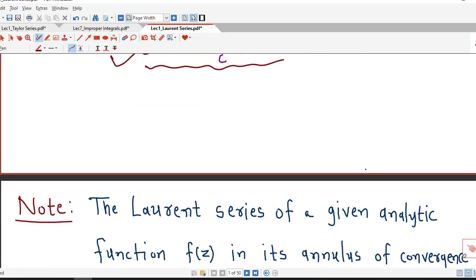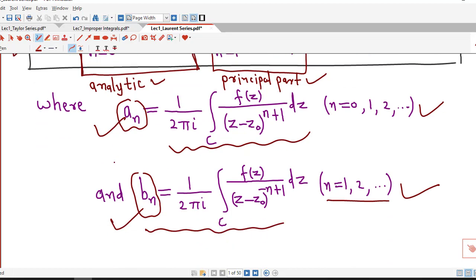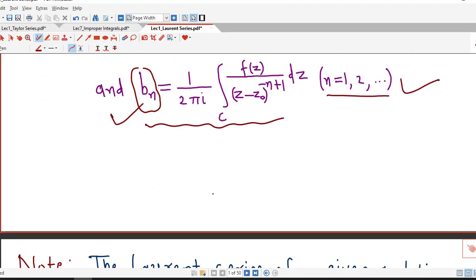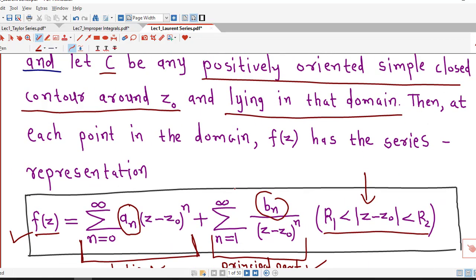Now in this lecture we are not going to use Laurent's theorem to represent our function f of z as a Laurent series. We are going to use standard Maclaurin series expansions which we have discussed before this lecture to find the Laurent series expansion of a given function.